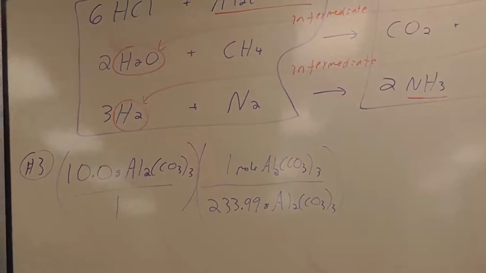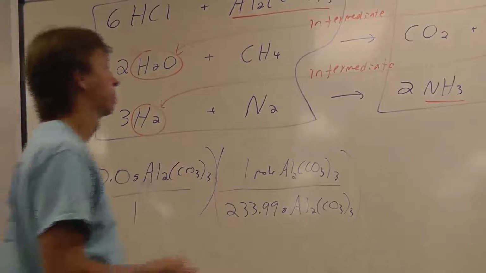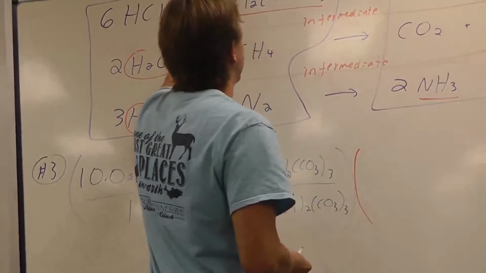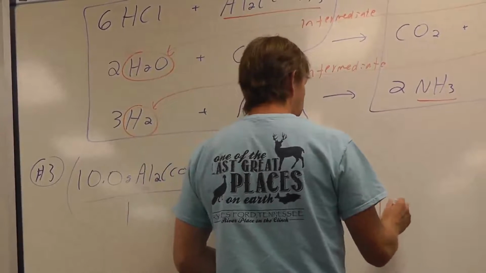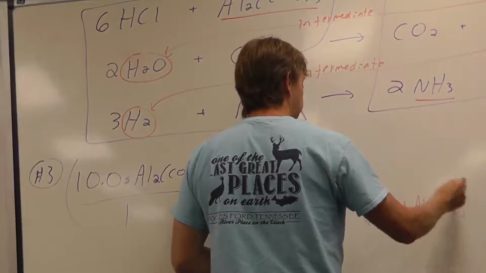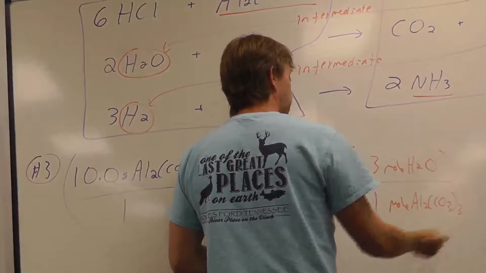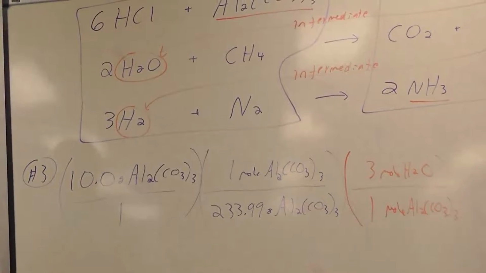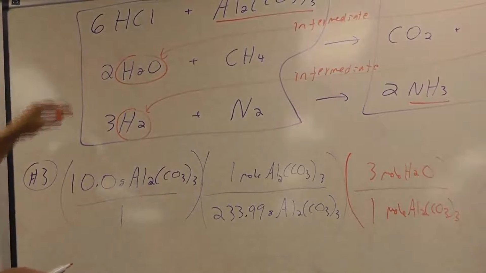Once we're in moles, we can go to the balanced equations and start using coefficients to relate one substance to another. And in the top reaction, we need to relate aluminum carbonate to water. 1 mole of aluminum carbonate reacting means 3 moles of water formed. And we're relating it to water because that's the common link between the first reaction and the second.